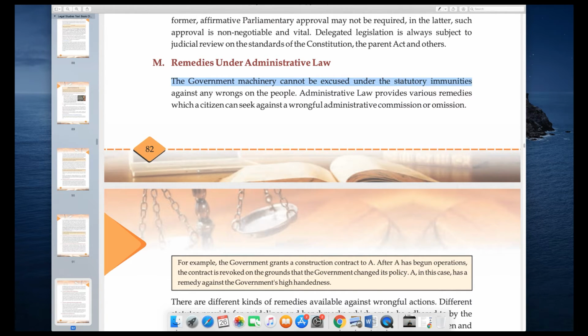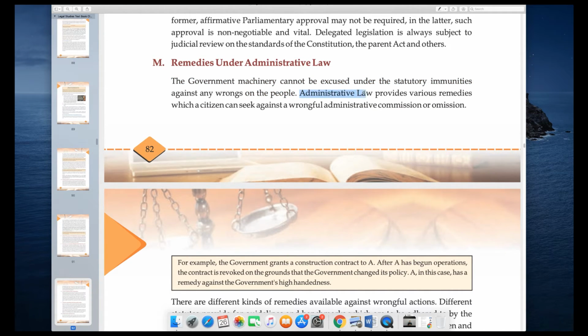The government machinery has statutory immunities, but if it is found guilty, then it cannot use these statutory immunities. Okay, in that case, these immunities will be silent against any wrongs on the people, right?